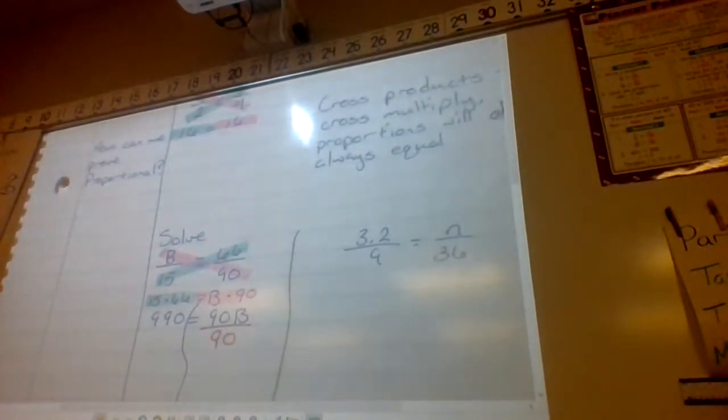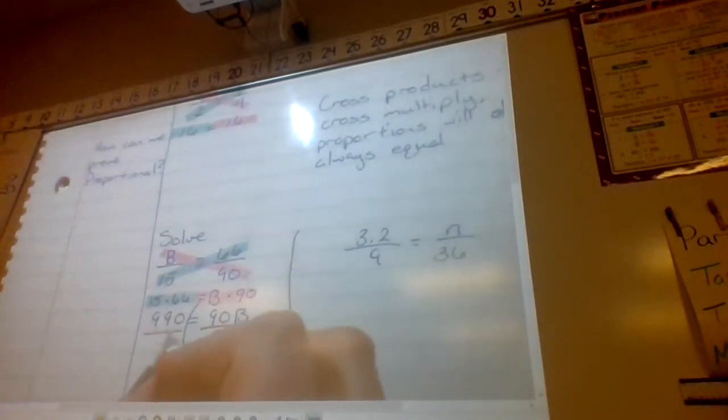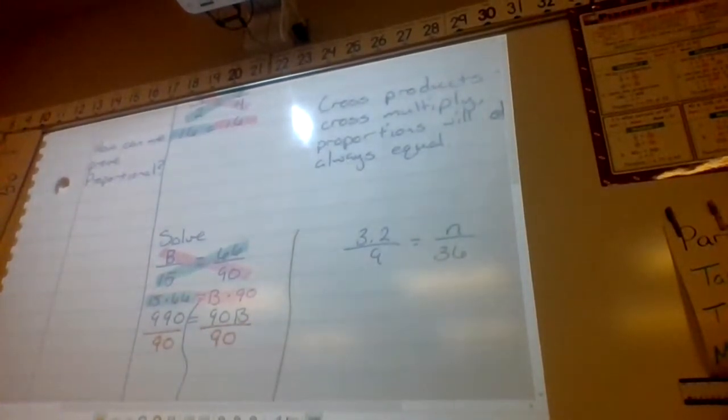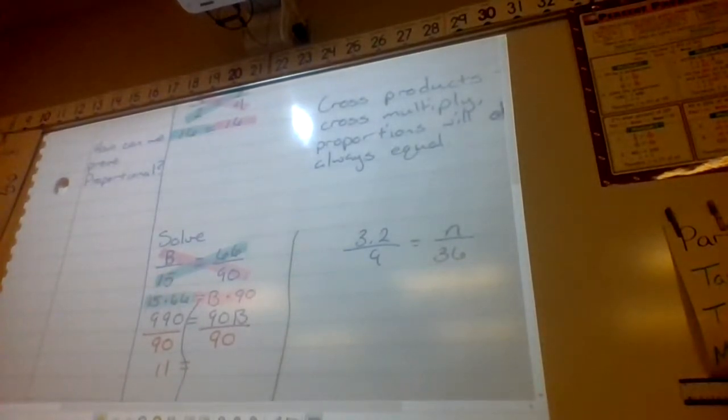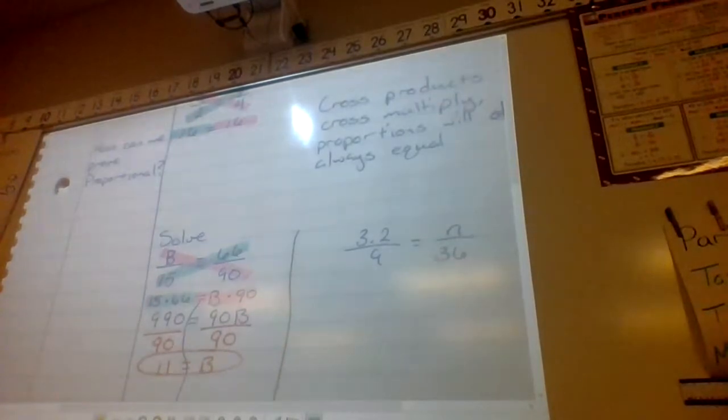What you do to the left, you do to the right. What's 990 divided by 90? 11. 90B divided by 90. There you go.